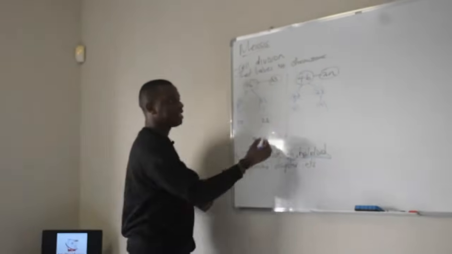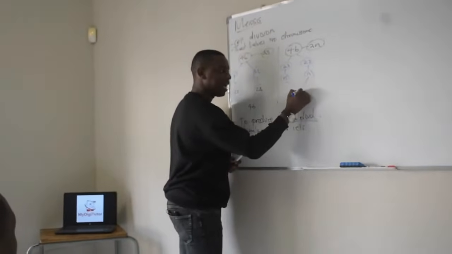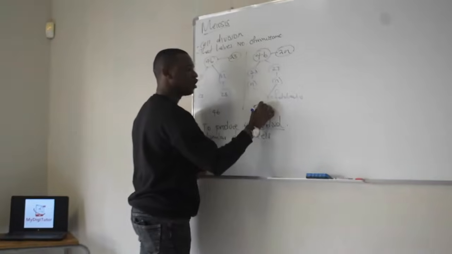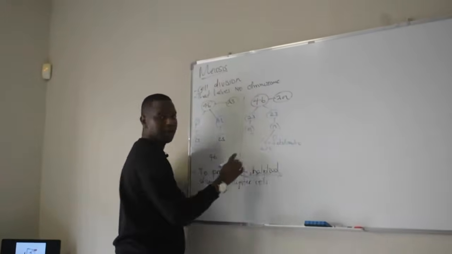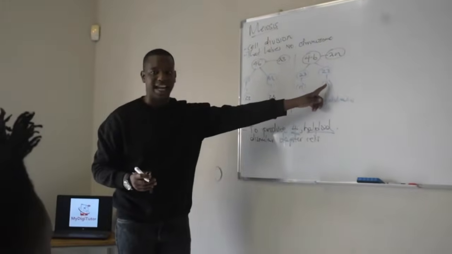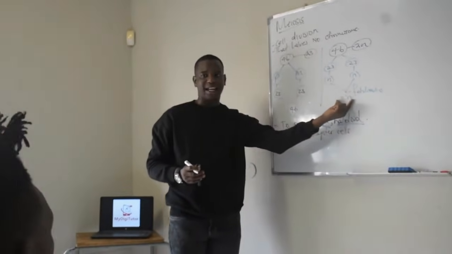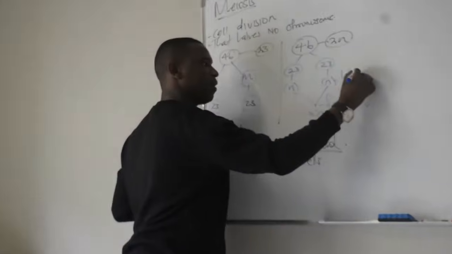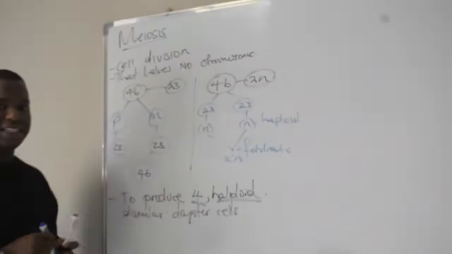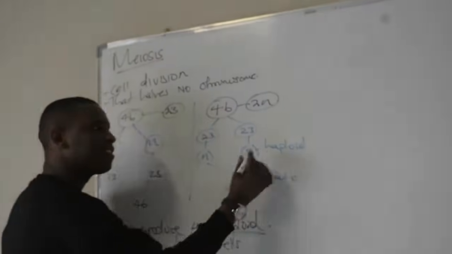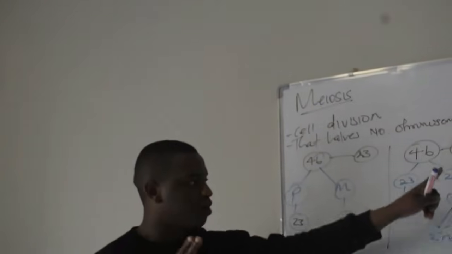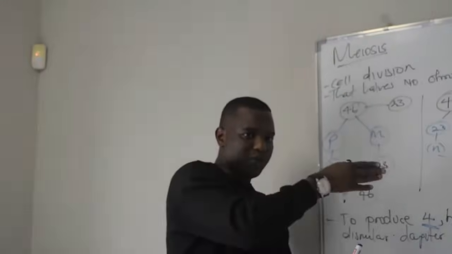That means when this haploid fuses with this haploid in a process called fertilization, we're going to produce diploid. It's an N and an N, which give us 2N. So this is diploid, this is haploid. Haploid means half. When you look at this word, it starts with HA, meaning it is half of di. Di means 2, and haploid means half of 2.